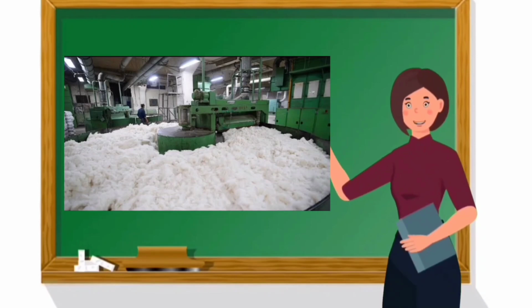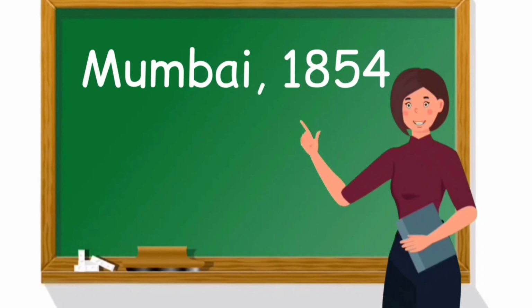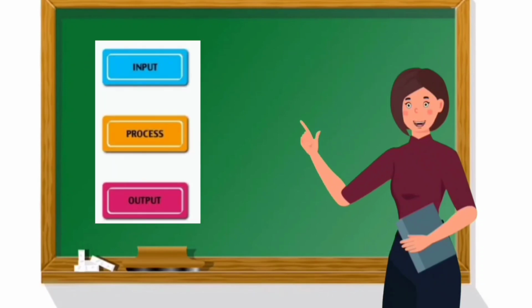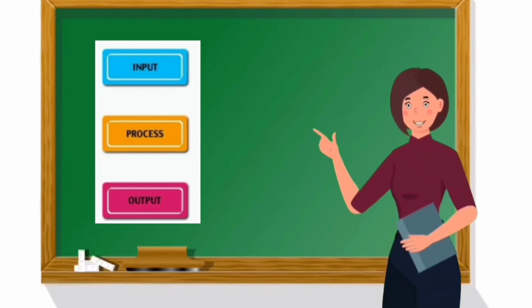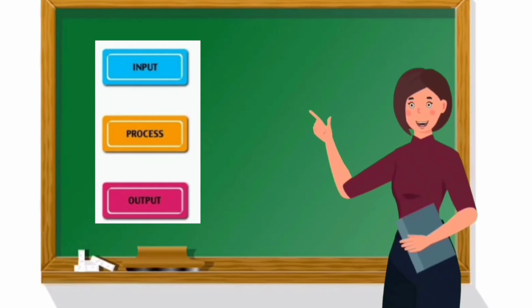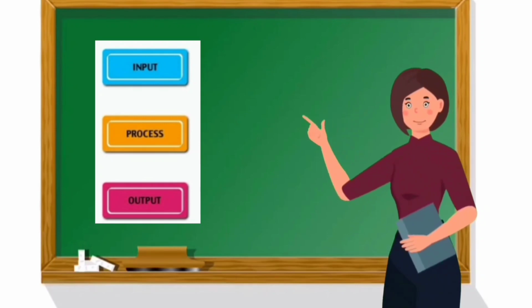The first successful mechanized textile mill was established in Mumbai in 1854. The warm, moist climate, support of importing machinery, availability of raw material and skilled labor resulted in rapid expansion of the industry in the region. Right?